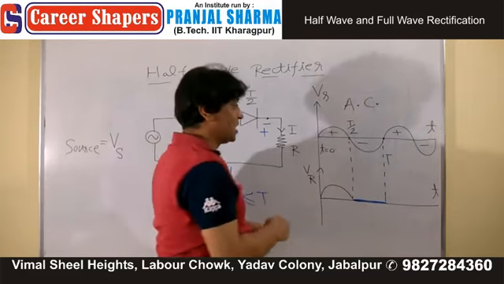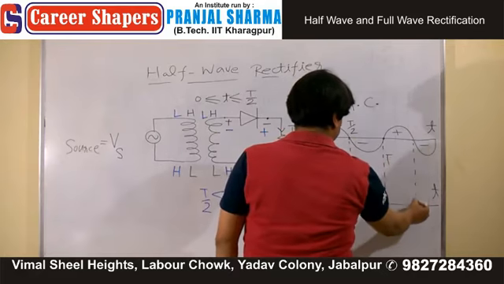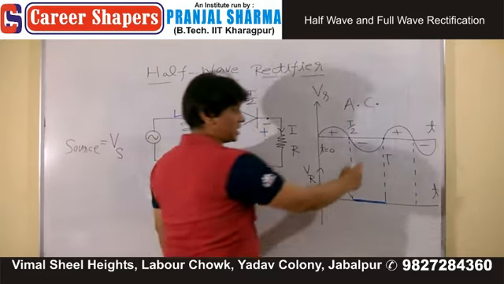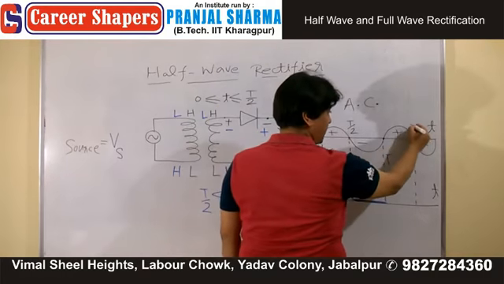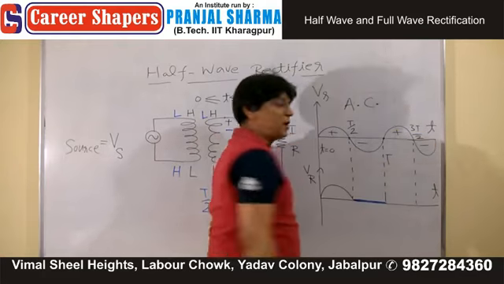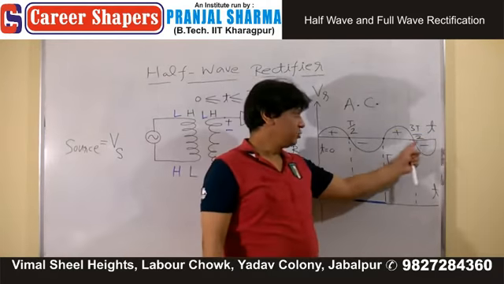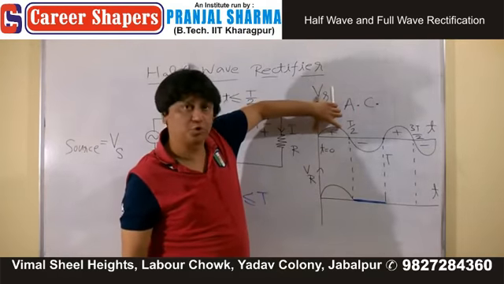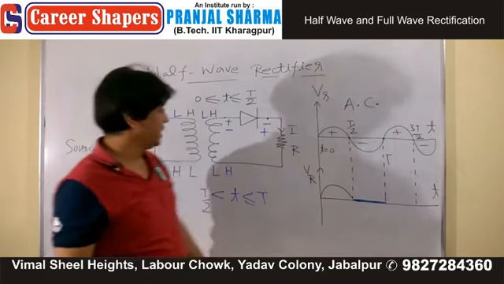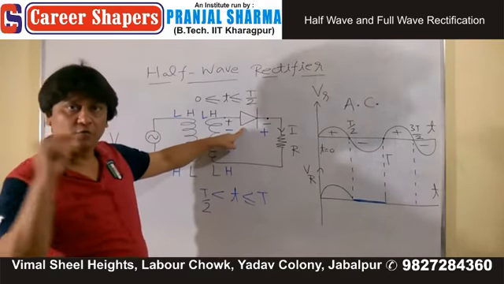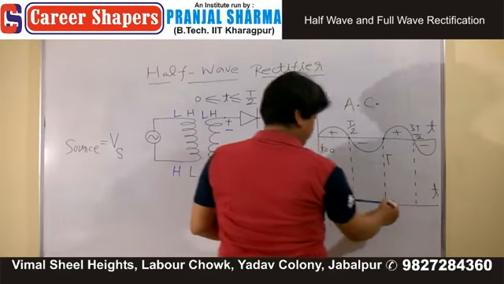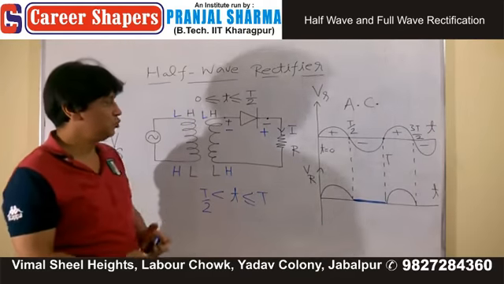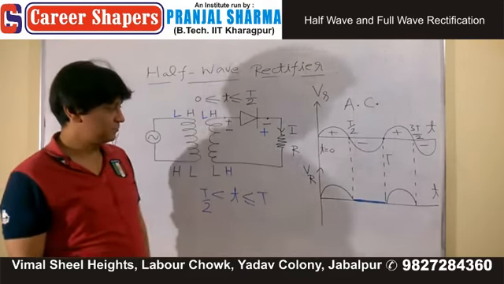Then again, the moment your time is in this part, T to 3T by 2, you can understand the same thing. From T to 3T by 2, things are exactly similar to the first portion. Therefore, again the diode will be in forward bias and you will find a current like this, and because of that current, you will see a potential difference.